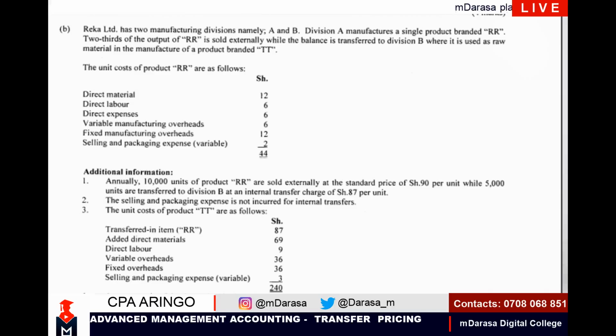Read that statement again: 2/3 of the output of RR is sold externally, and the balance is transferred to Division B, where it is used as a raw material in the manufacture of a product TT.